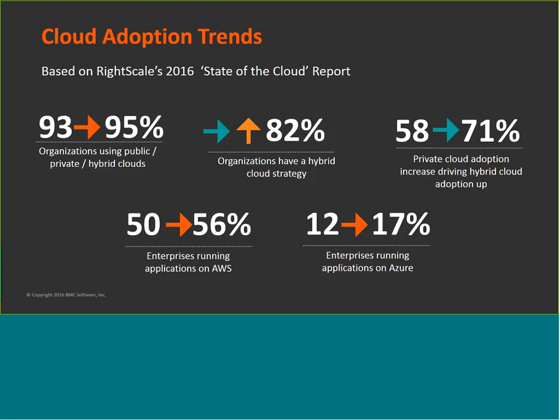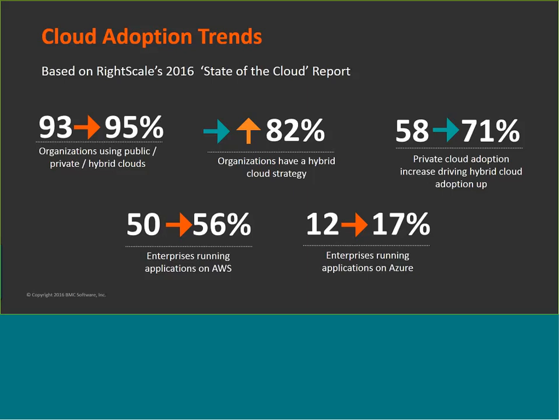That upwards of 82% of organizations are actually using more hybrid cloud strategies as a migration path to move away from their existing infrastructures. That between 58 and 71% are private cloud adopting with a drive to hybrid. So they've already got something in their environment, in the case of things like VMware and on-premise Azure, that handle their virtualization today, but they want to get away from that infrastructure as well.